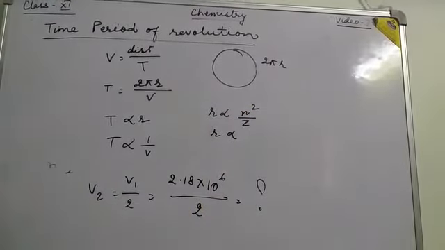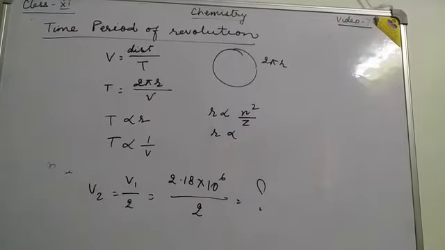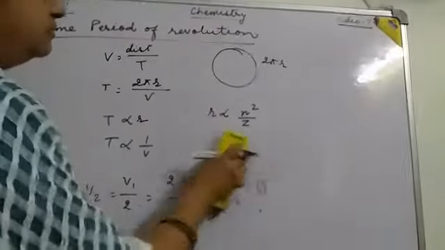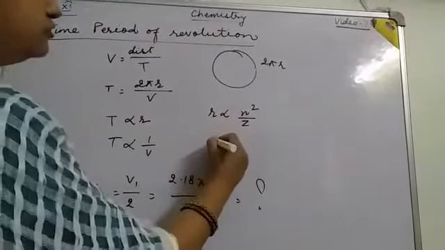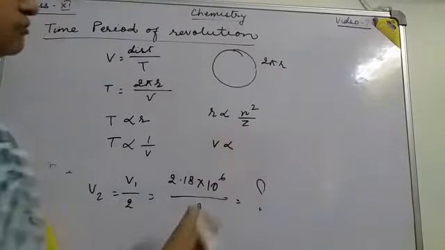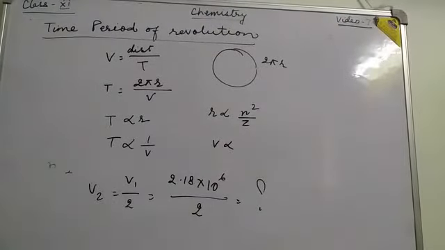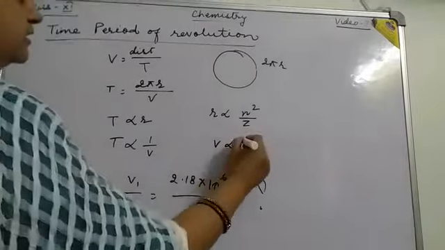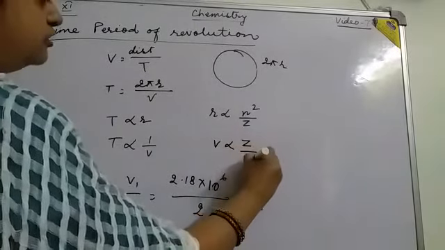Likewise, v, which we calculated today, is directly proportional to z and inversely proportional to n.